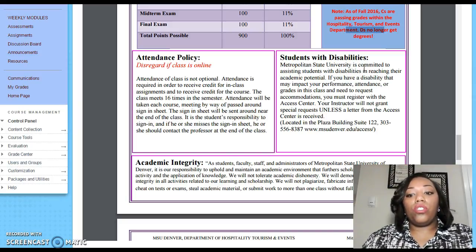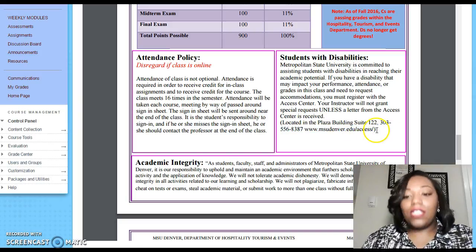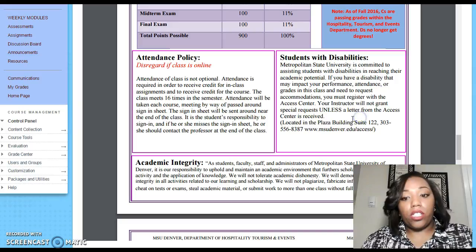You have to get an official letter from the Access Center, and all of this information is right here. Before I can grant you any privileges at all, I must have a letter from the Access Center.